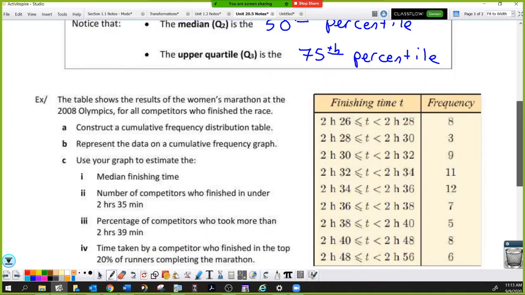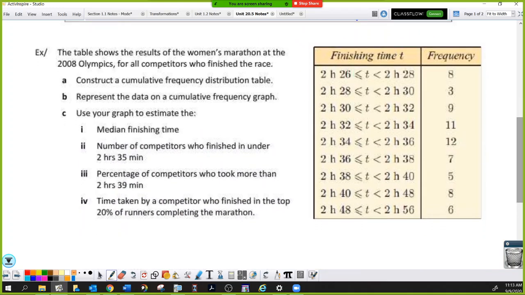Now this table shows the results of the women's marathon at the 2008 Olympics for all competitors who finished the race. We've been asked to do a lot of things with it, and there was nowhere near enough space on the front of this page, which is why it says flip it over. On the back, I have the table again and the questions again.